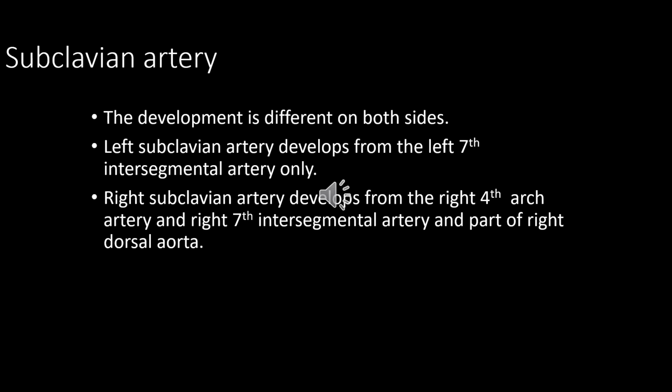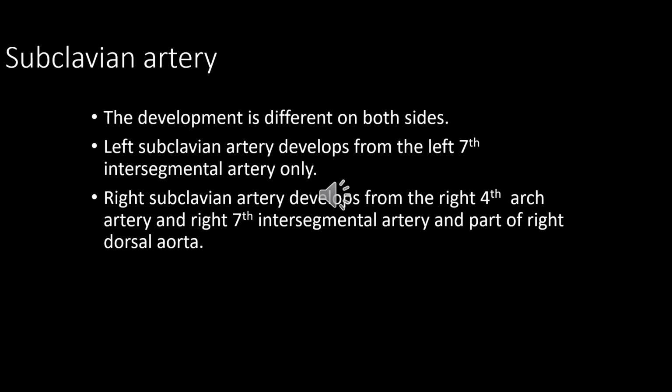On the left side, the entire left subclavian artery is derived from the left intersegmental artery, whereas on the right side, it develops from the right fourth arch artery, which is a mirror image of the arch of aorta, and with a portion of the right intersegmental artery, and also a part of the right dorsal aorta.